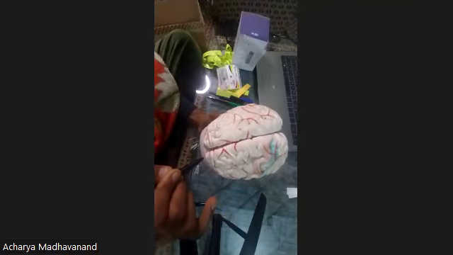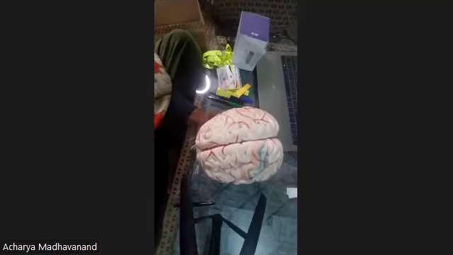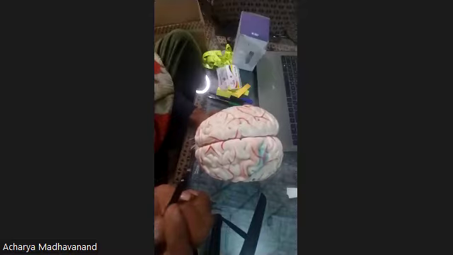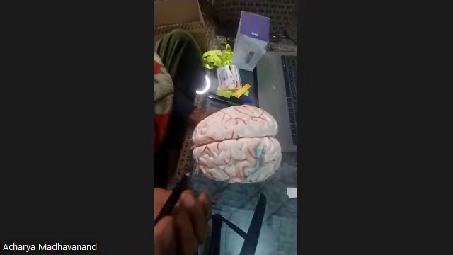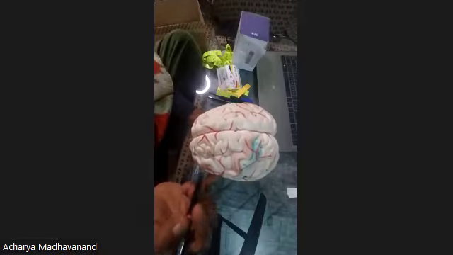Then this gyrus you see, the highest part, is called the superior gyrus of the frontal lobe. It is responsible for all types of body movements. Then the middle gyrus is also involved in all the sensory and voluntary movements and managing things. Then the lower, inferior gyrus.